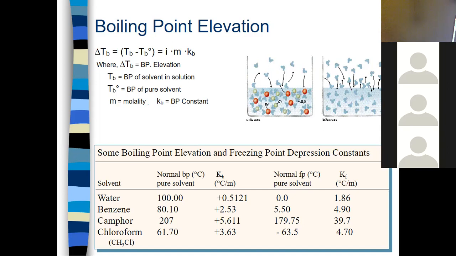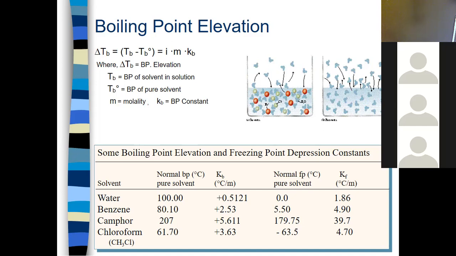Looking back at the formula again, molality is a form of concentration. So the higher the molality, the higher the concentration, the greater will be the change in boiling point. I think that's kind of obvious. If your solution is so dilute that it's almost pure water, then not surprisingly, it's going to boil at close to 100 degrees and it's going to freeze at close to 0 degrees.